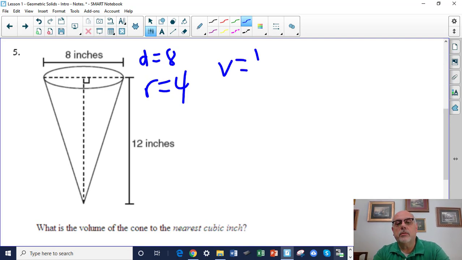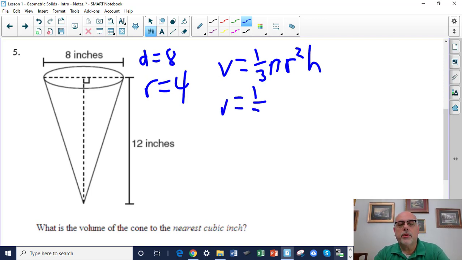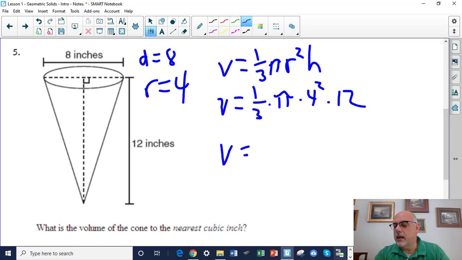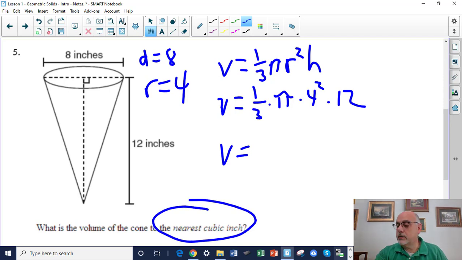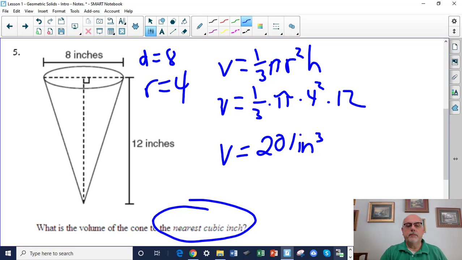Volume is 1/3 pi r squared times height. 1/3 times pi times 4 squared times 12. Go to your calculator. It says to the nearest cubic inch, so make sure you round it correctly. It's 201 inches cubed. That's rounded to the nearest cubic inch.